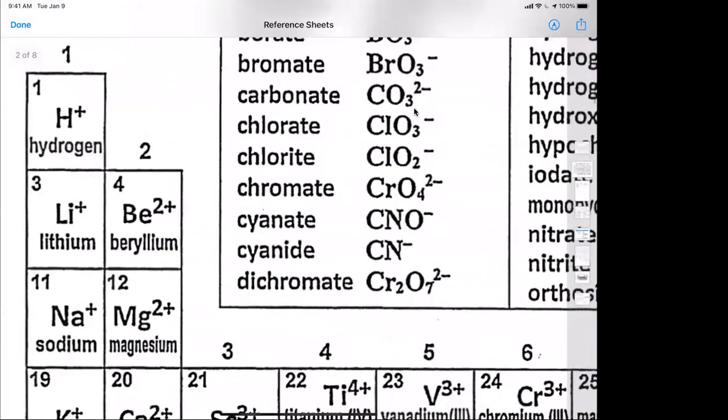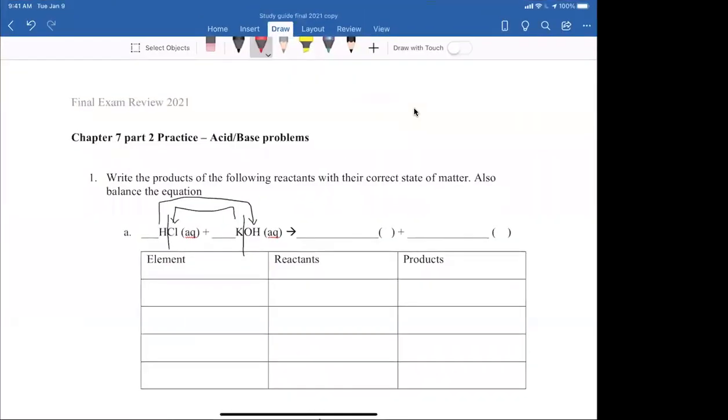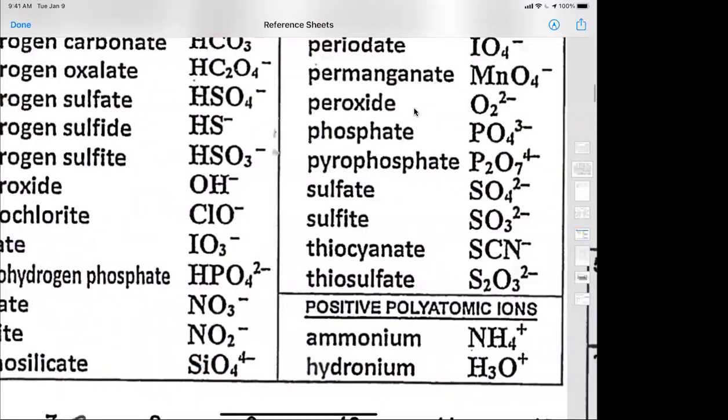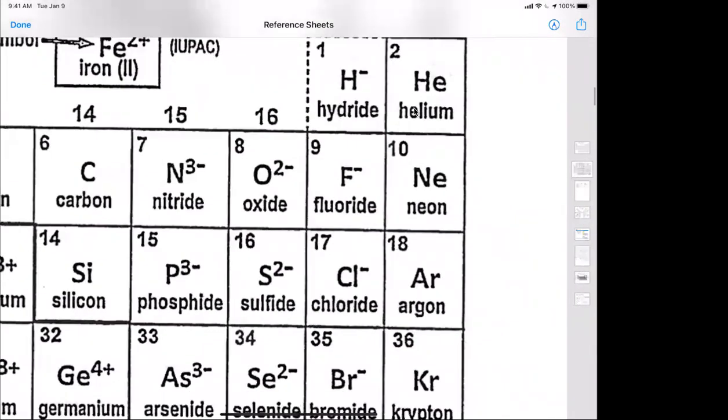So hydrogen, H. What's the charge of hydrogen? All right, Cl. What is the charge of Cl? -1.